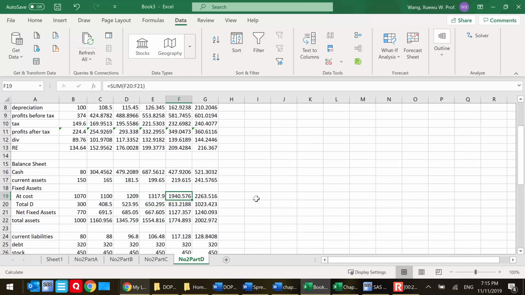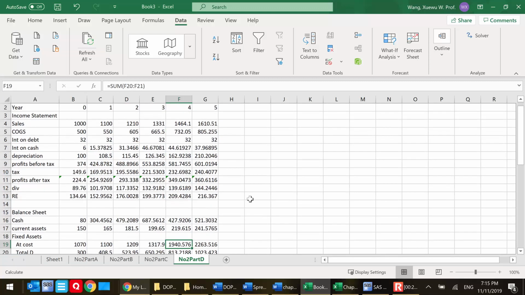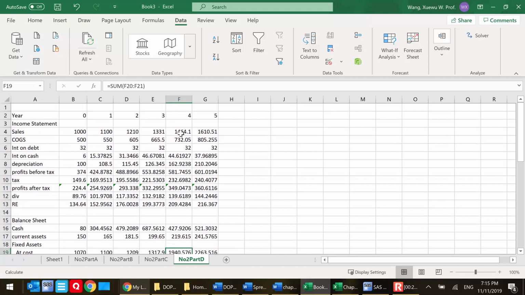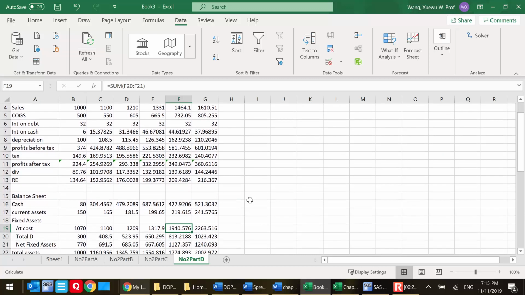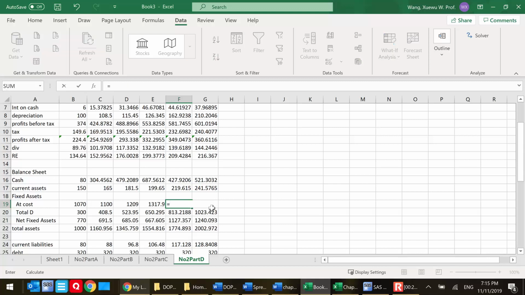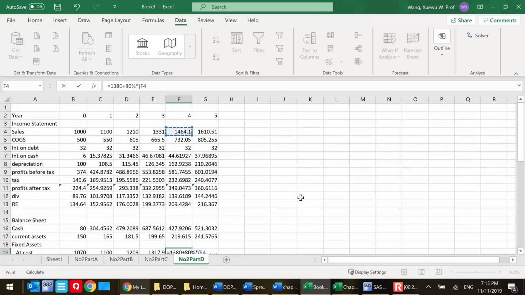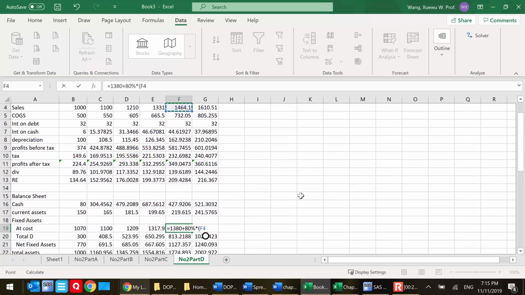All right. So let's now look at year 4. Year 4 is when the sales is crossing 1,400. So we're going to apply the last step function here. That's going to be equal to 1,380 plus 80% multiplied by the sales, which we know is above 1,400, minus 1,400.